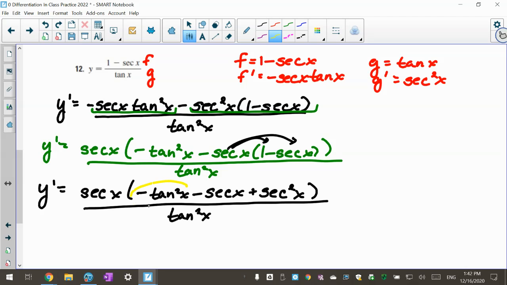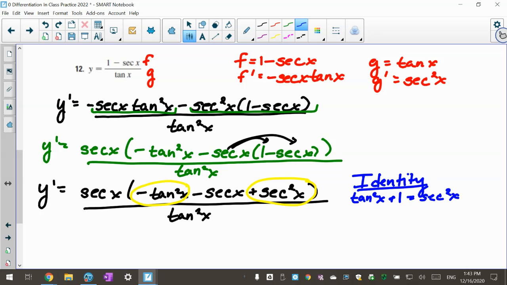I see I have a negative tan squared x here, and I have a positive secant squared there. So I'm going to see, is there an identity that will help me simplify this? And there is. The identity is as follows. Tangent squared x plus 1 is secant squared x.